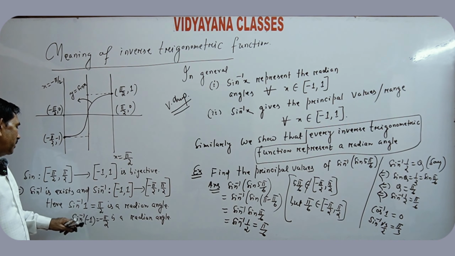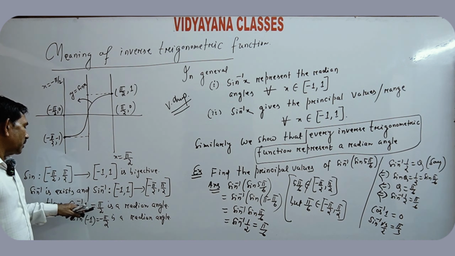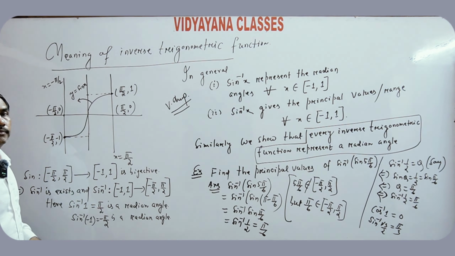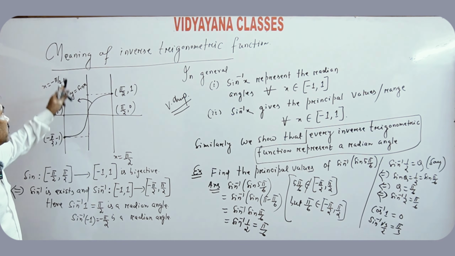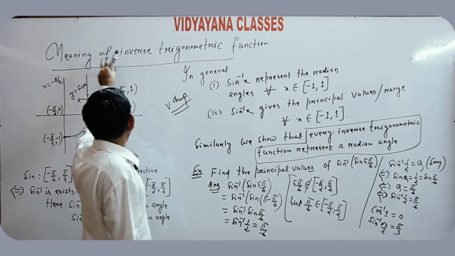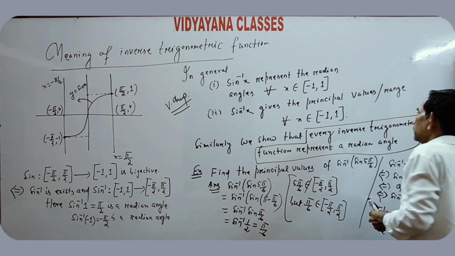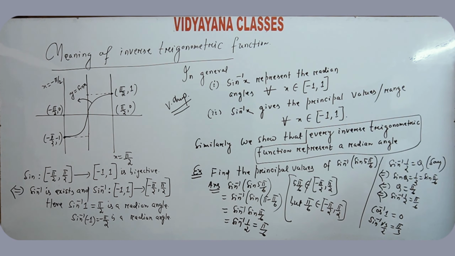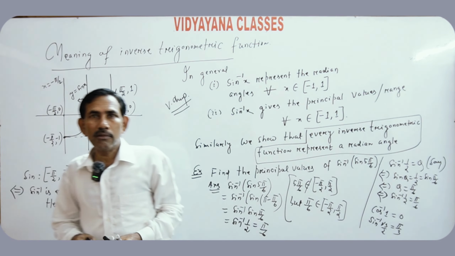Sin inverse 1 means sine of which angle gives 1, that is pi by 2. Sine of which angle gives minus 1, that is minus pi by 2. Clear? What is the meaning of inverse trigonometric function? It represents a radian angle. Are you clear?